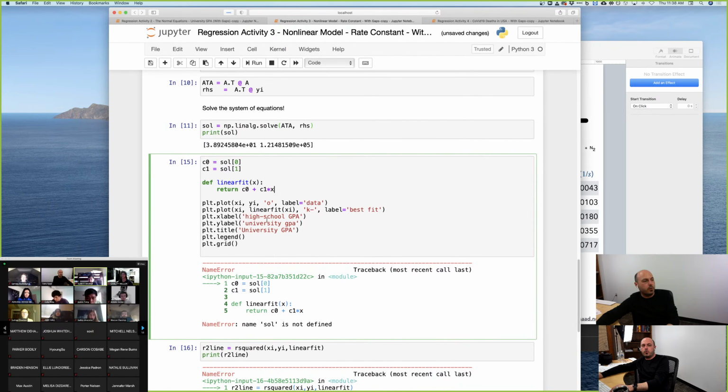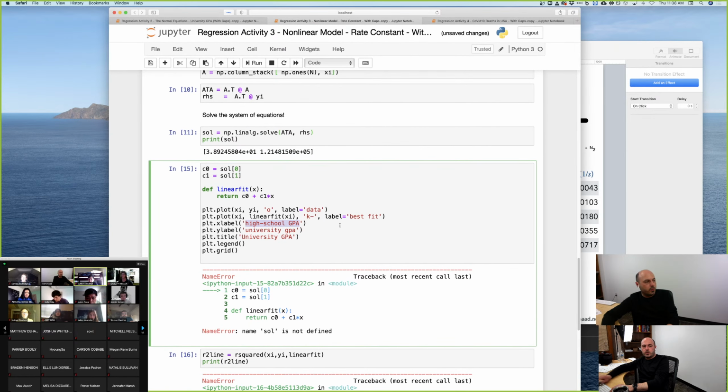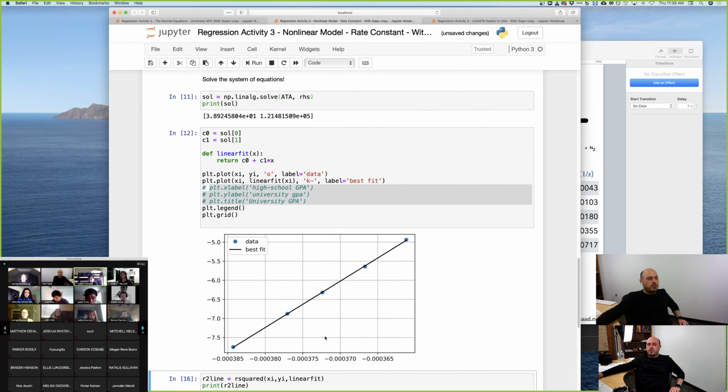Then we do the same thing we did in the previous notebook. I don't know why my labels are messed up over here. Now look at that fit. It fits the transformed data directly because the transformed data was linear as expected, and a straight line fit is going to fit that directly.